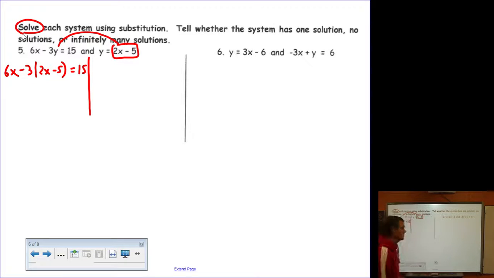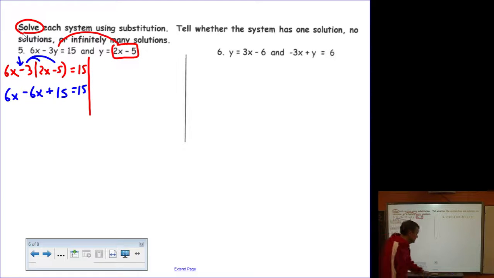Let's go ahead and solve that first equation for x. I will distribute the negative 3. Notice it is a negative 3. That will give me 6x. And negative 3 times 2 is negative 6x. And negative 3 times negative 5 is a positive 15.